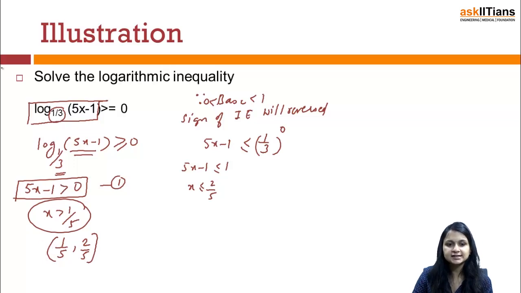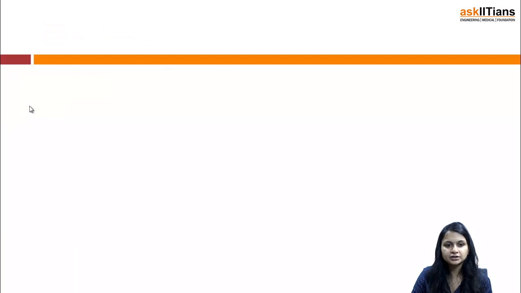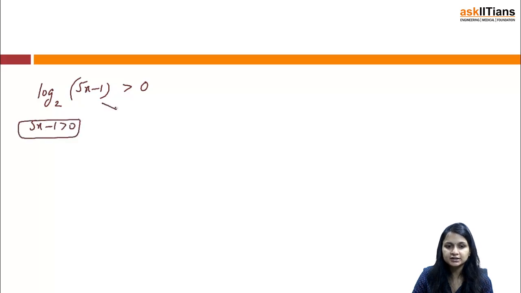Now suppose in the same question I put the base as greater than 1. Suppose here I am putting base as 2 and the same condition, 5x minus 1 greater than 0. So in this case I will definitely say 5x minus 1 greater than 0. When solving this inequality, the base 2 is greater than 1, so the sign of inequality would be the same.